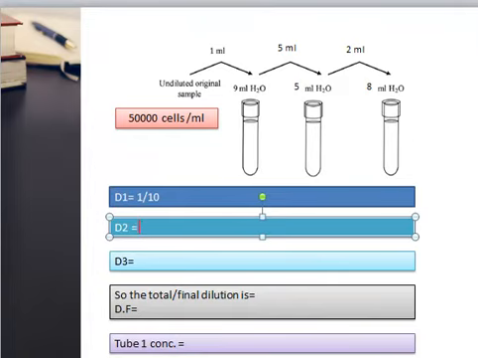Then the second dilution, of tube 2, will be 1/2 multiplied by 1/10, which means 1/20 or 1 over 20.